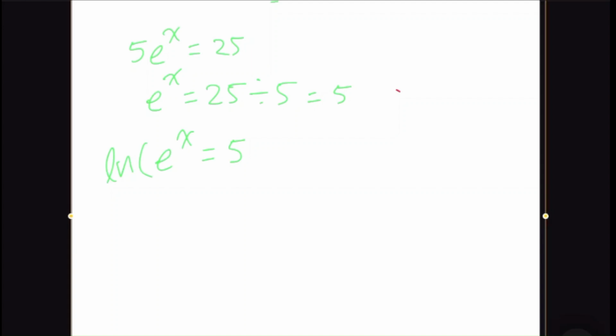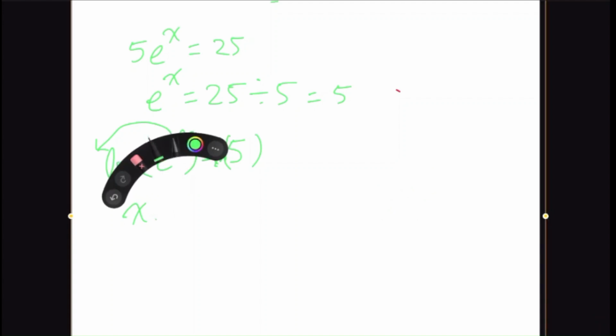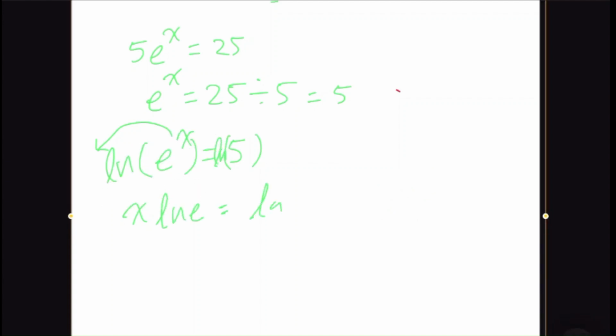If we have 5e^x equals 25, the first step is to divide by 5, so e^x equals 5. Then we can put an ln on both sides, and because of the power rule, x ln e equals ln 5. We realize that ln e is just 1, so x equals ln 5.